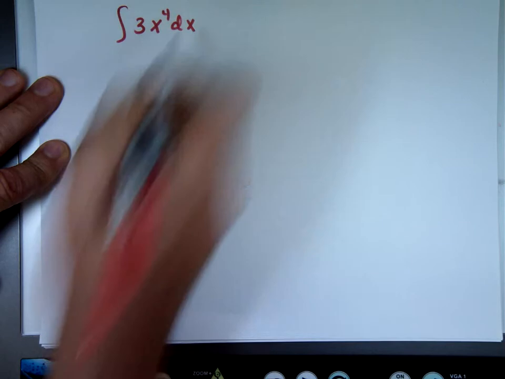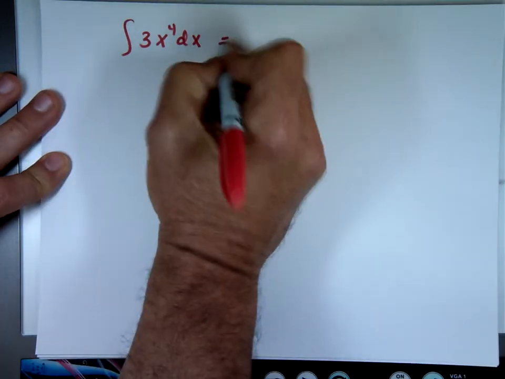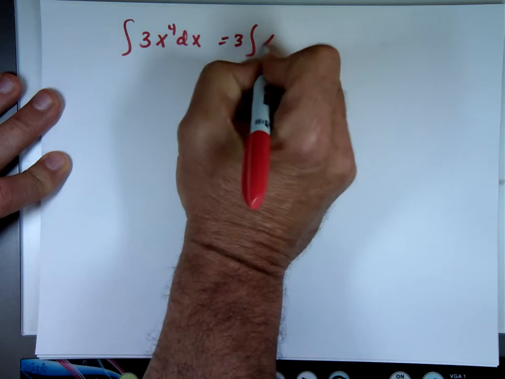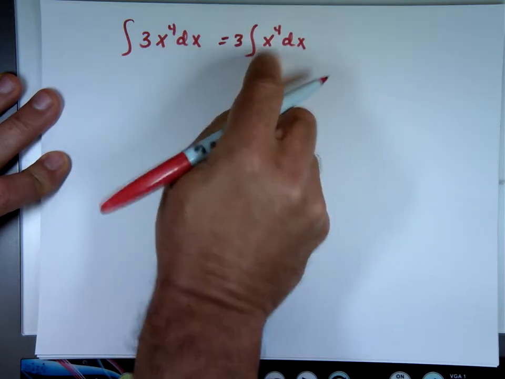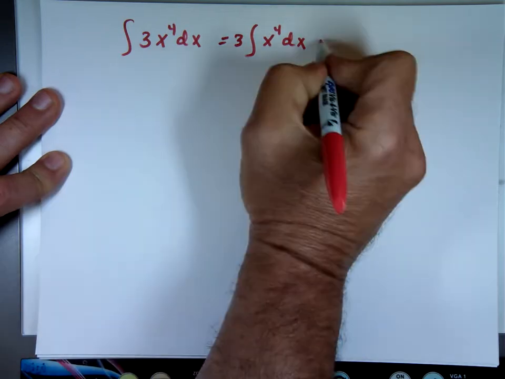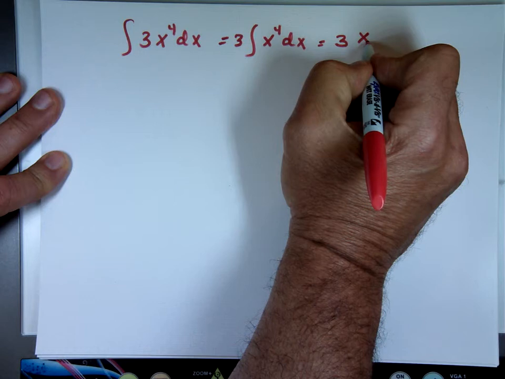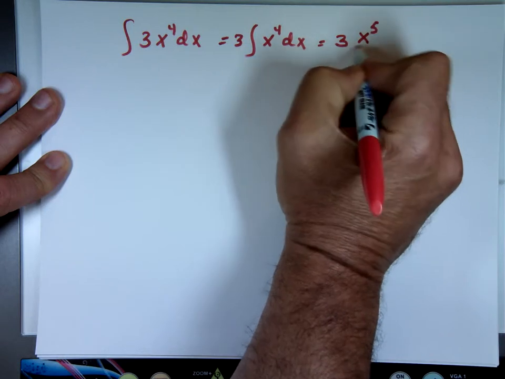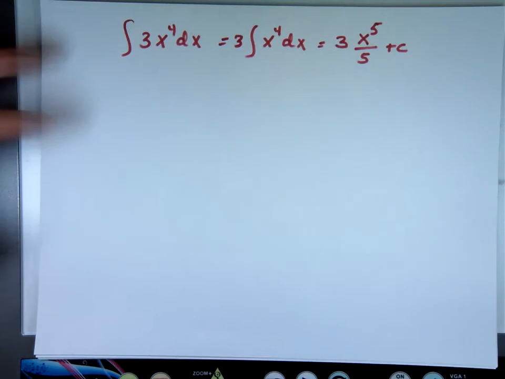I can pull the 3 outside: 3 times the integral of x to the fourth dx. Add 1 to the power and divide by the new power. Let's add 1 to the power of x. That becomes x to the 5 over 5, plus c. Do they cancel out now? No.